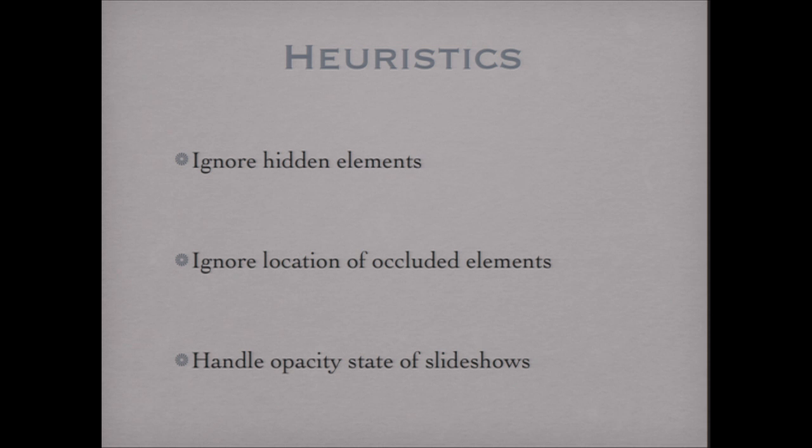That whole slideshow thing that tripped up image comparison rears its head in DOM comparisons, but in a different way. The slideshow itself will appear in the same position, but each of those panels will have a different opacity value, so you'll just need to be aware of that and handle it.